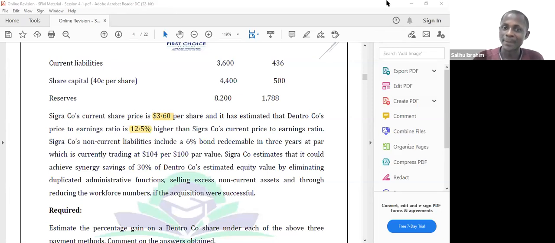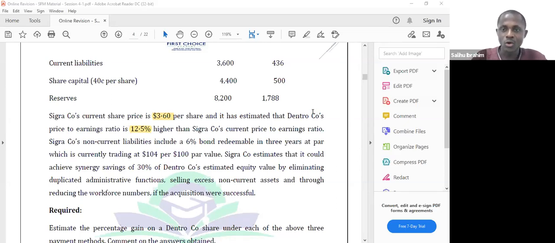Neither is it in percentage, it's times. So we have been able to discover that Sigraco's price earnings ratio is 0.45, while Dentroco price earnings ratio is 0.51, right?